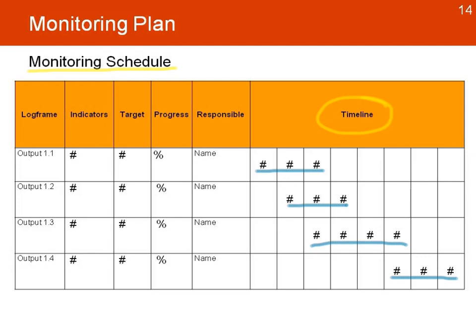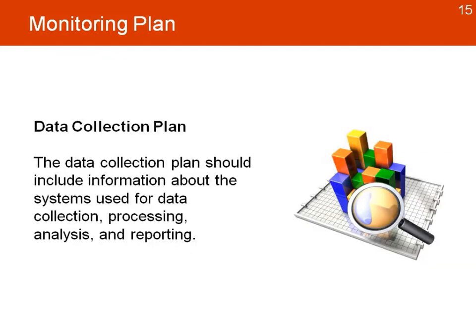Even though you already have all the other elements identified, the timeline is also a good opportunity to distribute your resources in a more efficient manner, so that you know, according to your project schedule, when certain activities and when certain indicators need to be collected, and the people have a better understanding of when they need to start organizing their time and the resources to collect that information.